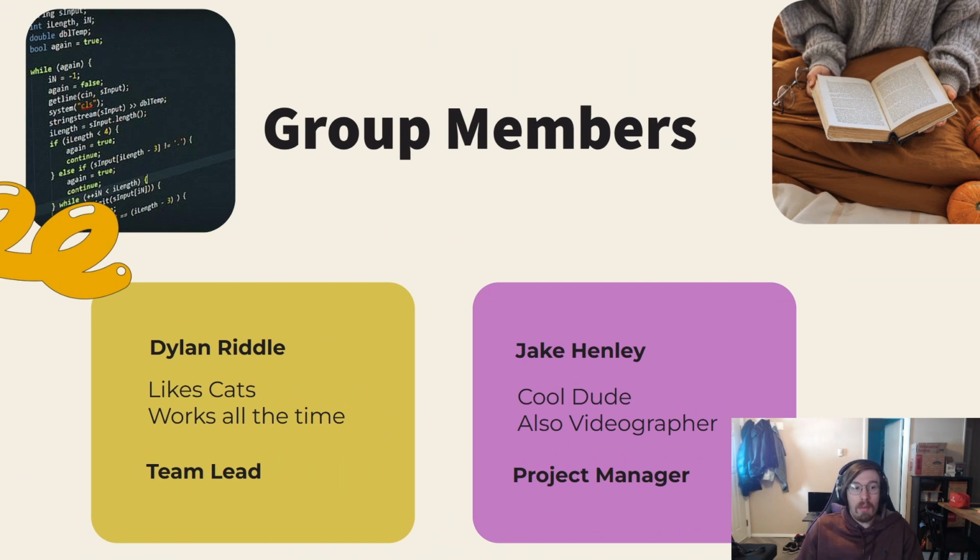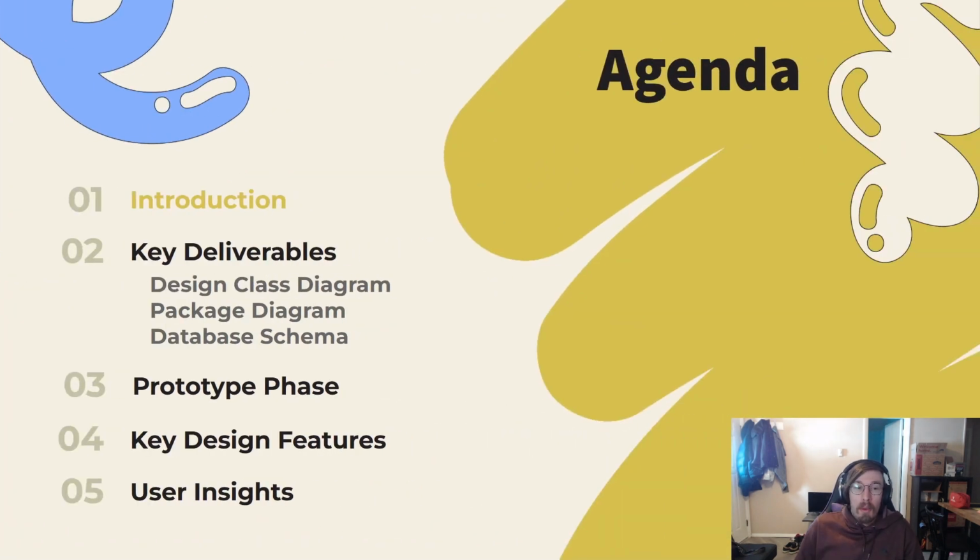Without further ado, let's launch into the meat and potatoes of what brings us here today. A couple things that we want to look at today. We have a couple more key deliverables to present, including our design class diagram, package diagram, and database schema, kind of showing the structure of how the program is constructed and how it is connected to each other.